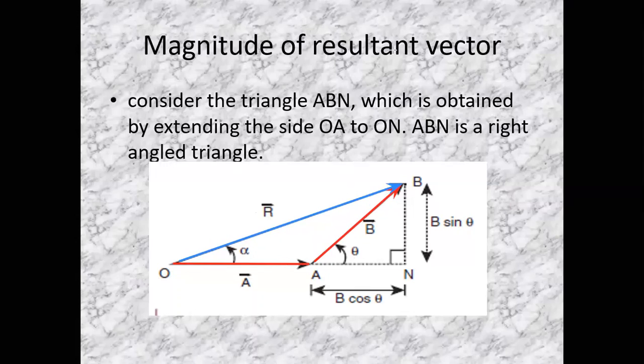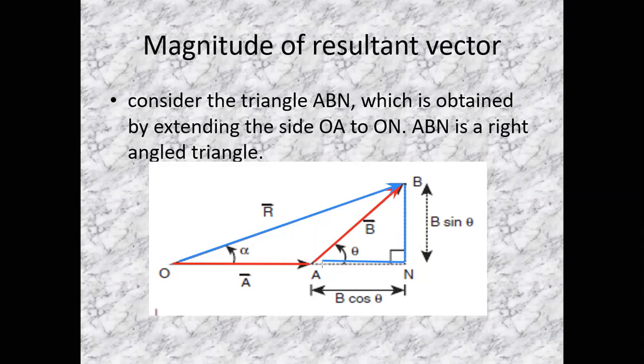Now I'm going to extend the A vector and draw a perpendicular from the B vector. Now I'm going to take the triangle ABN.